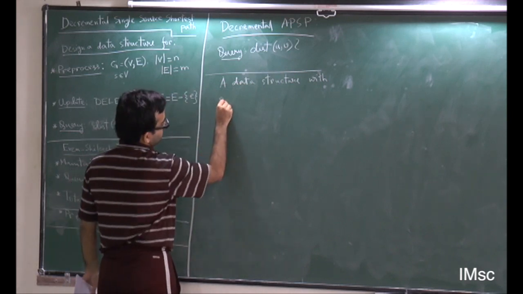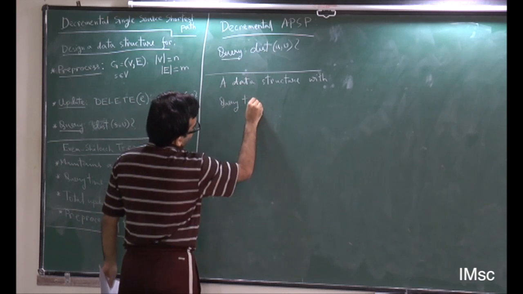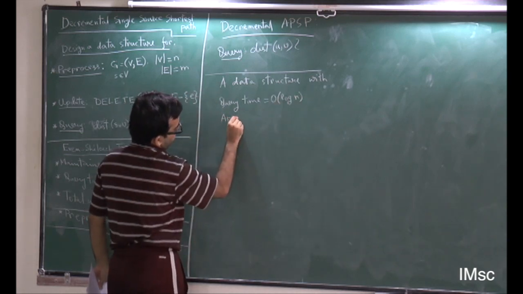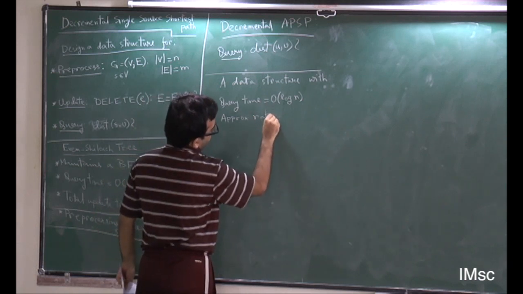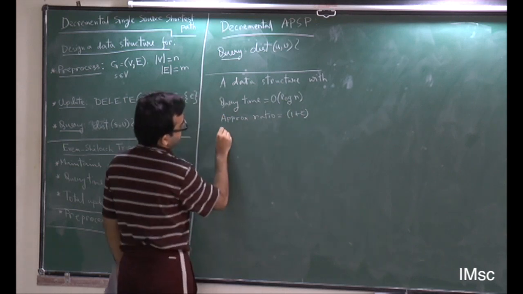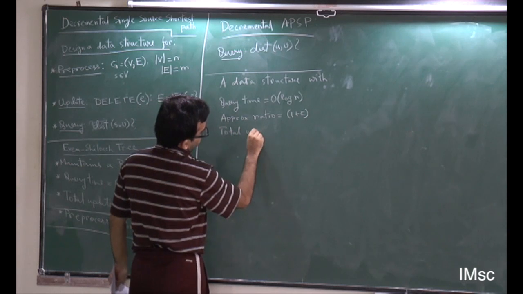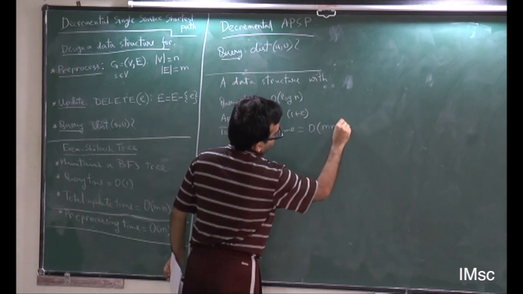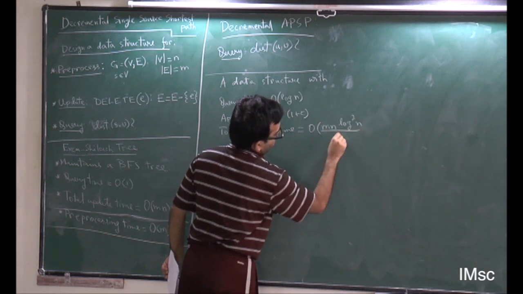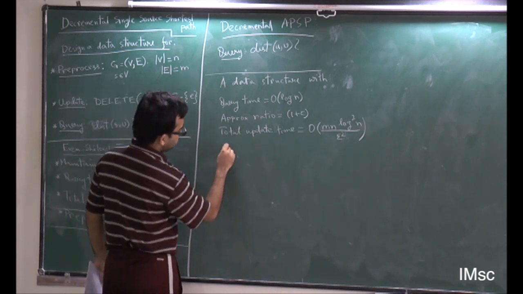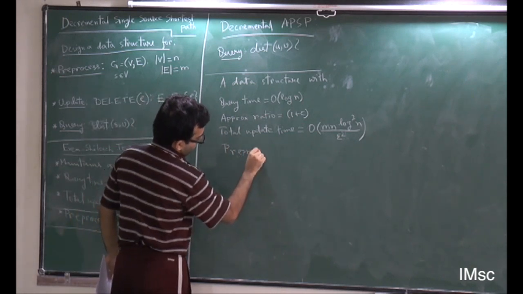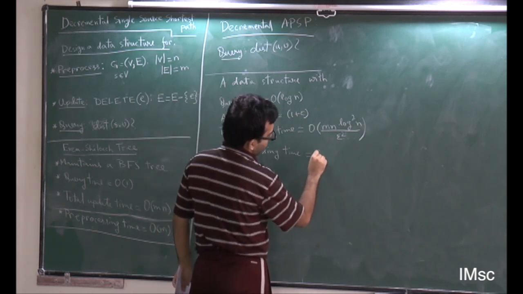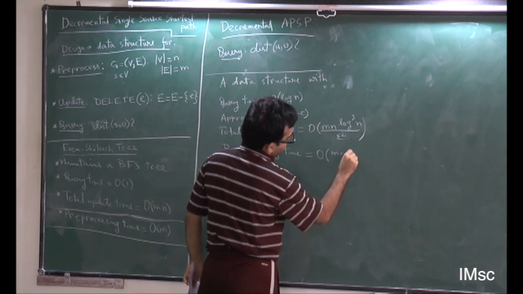With order log n query time, approximation 1 plus epsilon, total update time order m n log square n, and the pre-processing time is also going to be the same.